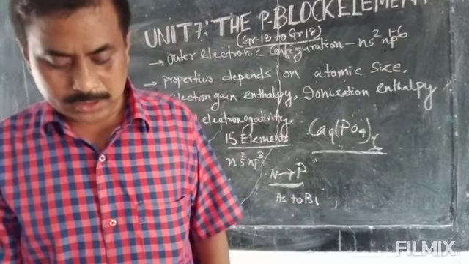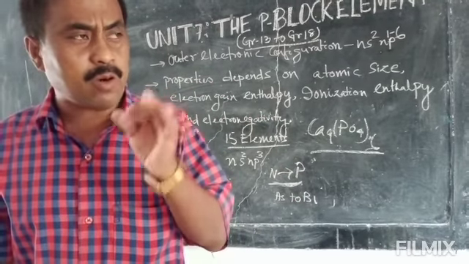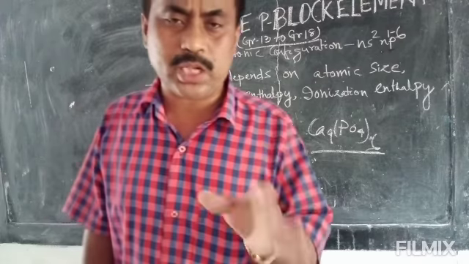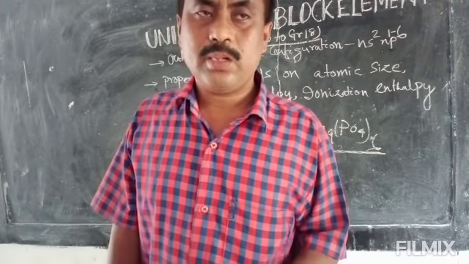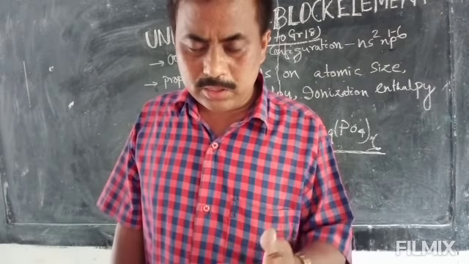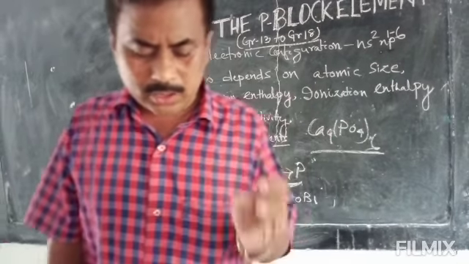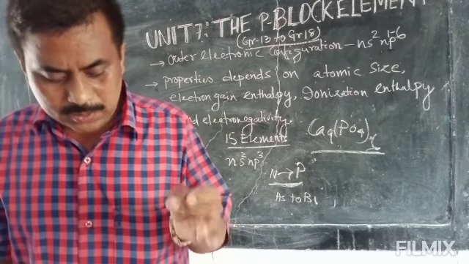Why? This is the question. Your answer is due to the presence of completely filled d and f orbitals in the particular shell, the force of attraction gradually decreases due to the electron-electron repulsion among the valence electrons and the core electrons, which makes the increase in size smaller.